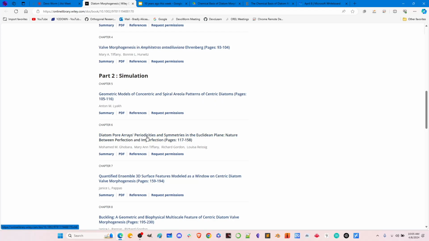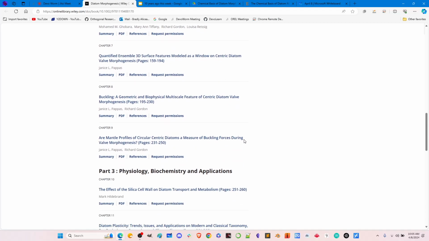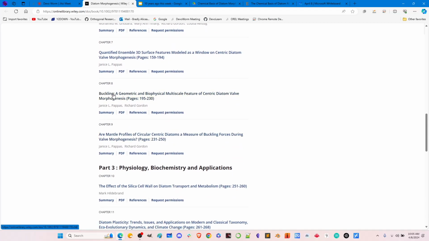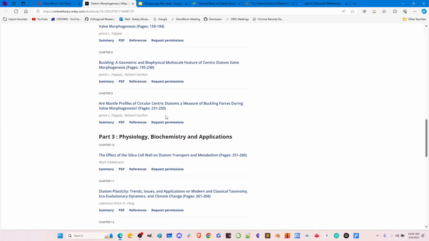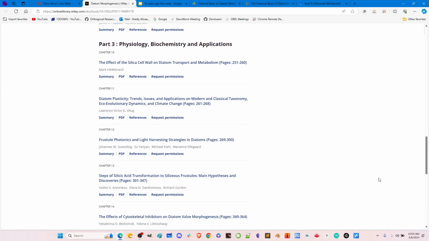Diatom pore arrays, periodicities, and symmetries. A lot of different, something on buckling, a geometric and biophysical multi-scale feature of centric diatom valve morphogenesis. That's actually by Janice Pappas and Dick. And then another paper on buckling forces. There's a lot of interesting biophysics, I think, in diatoms.